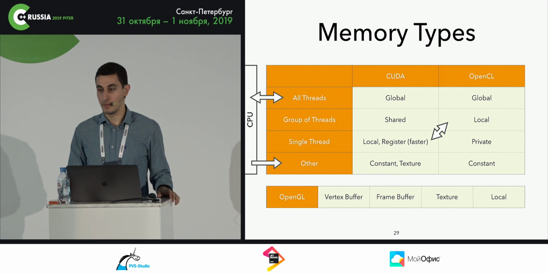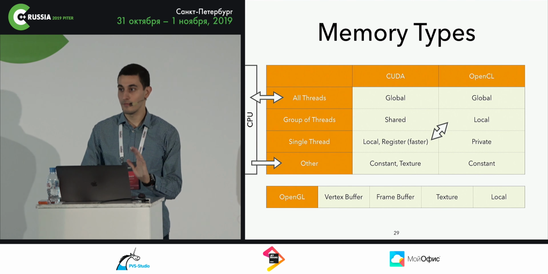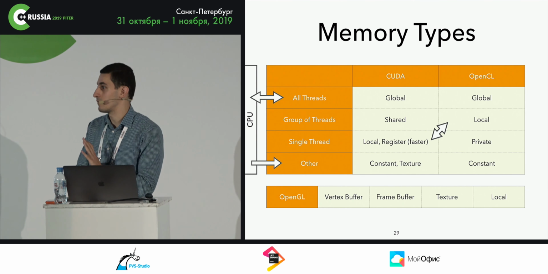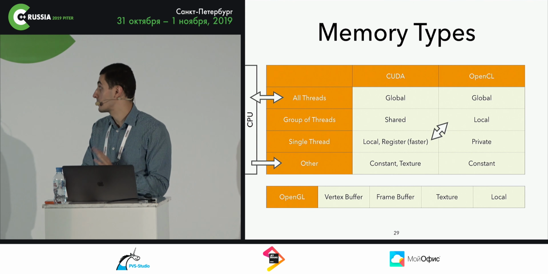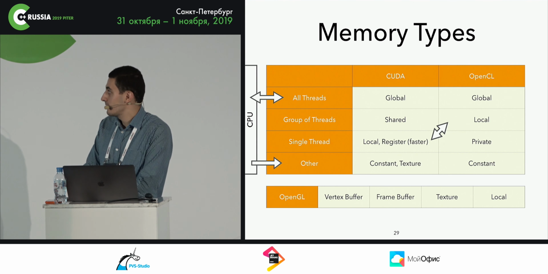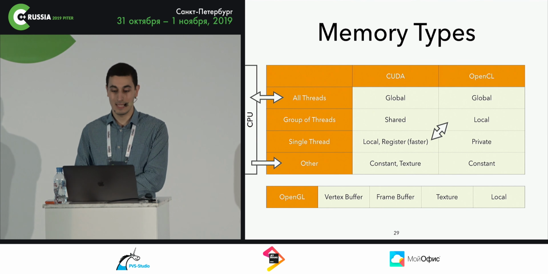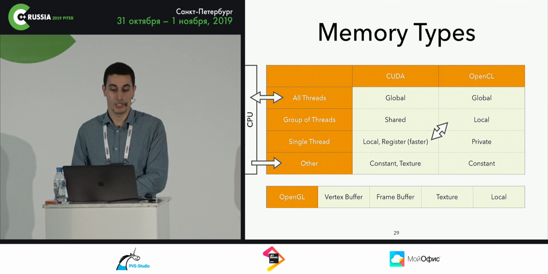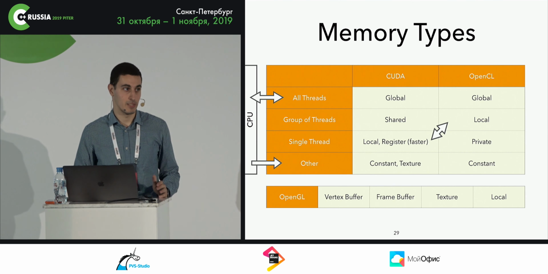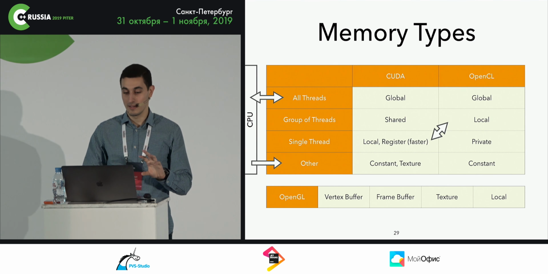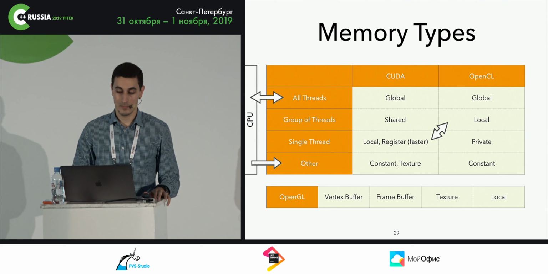And as you can see, there's basically a one-to-one mapping between every category of memory qualifiers in the OpenCL and CUDA ecosystem. The only caveat is that the local keyword in OpenCL means the same thing as the shared keyword in the CUDA ecosystem. So there is this tiny source of ambiguity, but you get used to it.